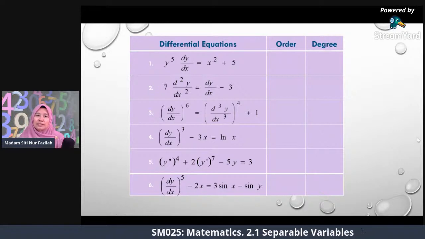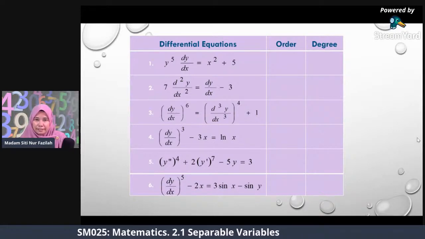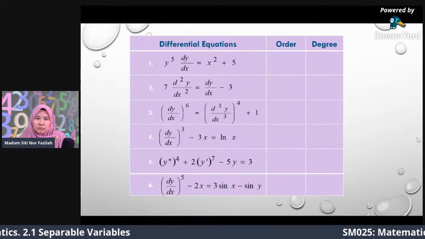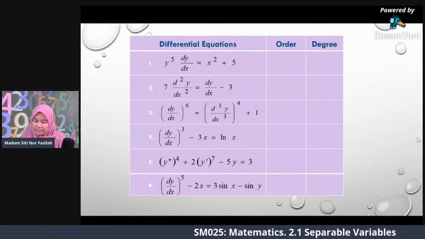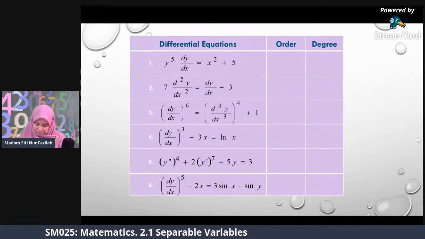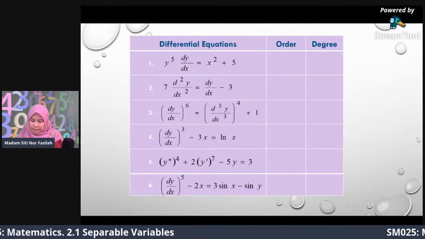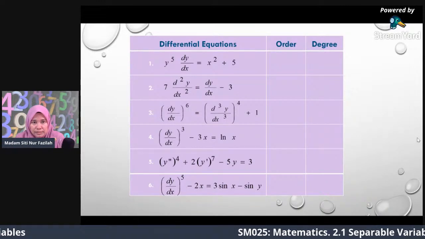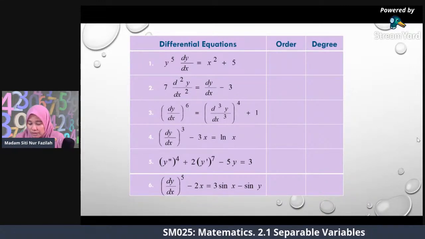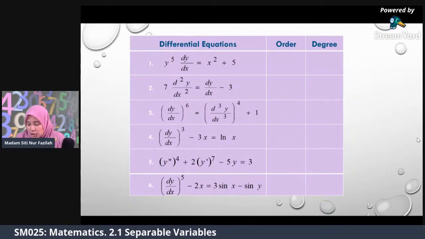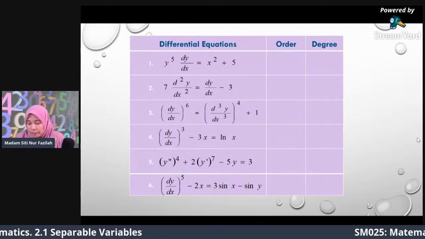To understand more about order and degree, let me fill up the table to understand the concept of order and degree. For example here, class, we have differential equation number 1: y to the power of 5 dy over dx equal x square plus 5.